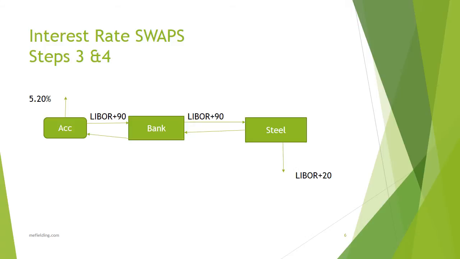So get your English grammar right in there, all of your woulds, coulds and shoulds. If it had borrowed at floating rate, it would have paid LIBOR plus 90. So we're going to treat that as a constant. So we've got accounting there, and we're simply showing it as paying LIBOR plus 90.